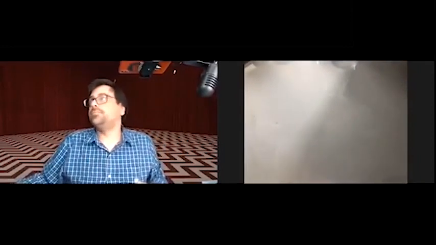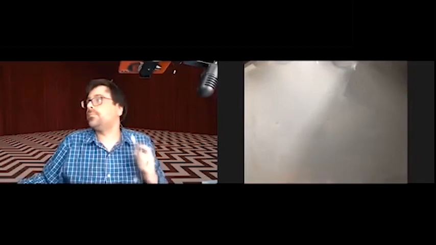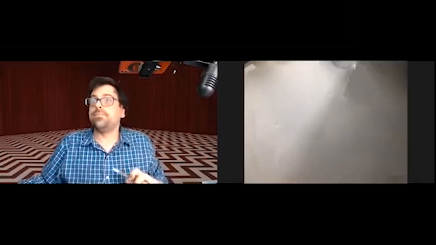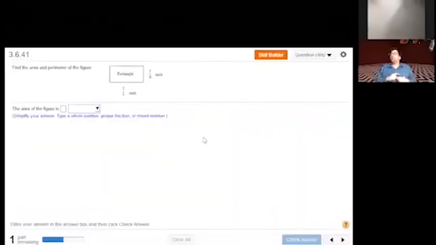Next up, a good old area and perimeter problem. We have a rectangle.